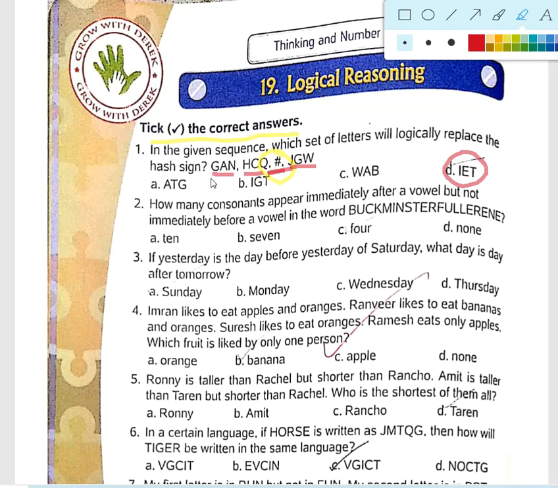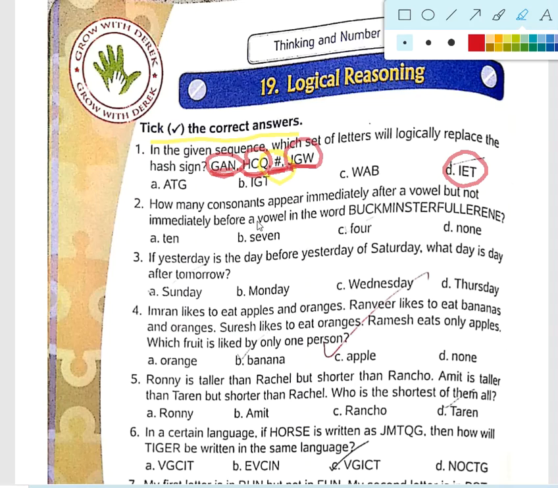Because if you count the alphabetical numbers of the letters in GAN, you will see it comes to 22. Then if you count HCQ, it will be 6 more than 22. So 6 more than 22 is 28, right? Then there is a hash and then finally you have JGW.